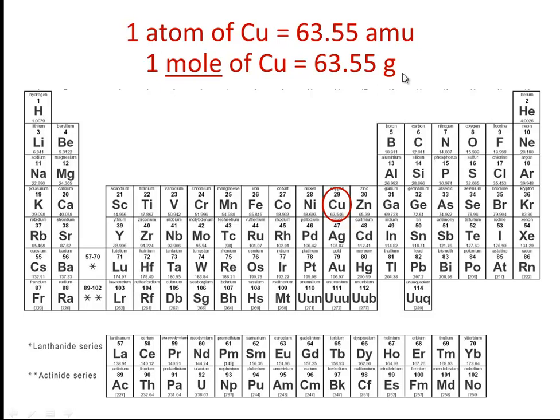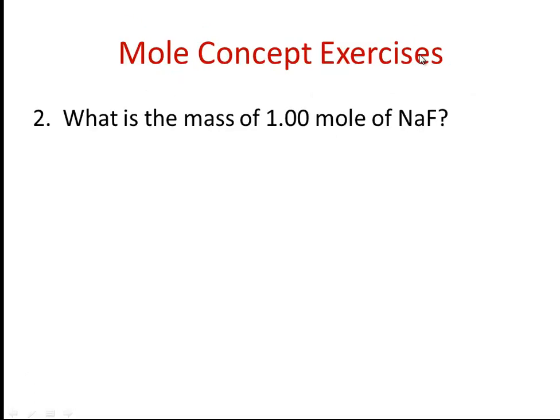So if you measured 63.55 grams of copper, you could be assured that you've got 1 mole of copper atoms. And don't forget, 1 mole is 6.02 times 10 to the 23rd. So that's the answer for number 1, 63.55 grams. There you go.